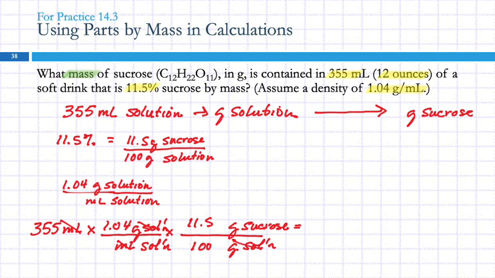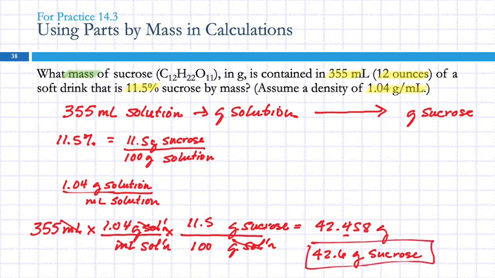And those units cancel out. So 42.6 grams of sugar in a 12-ounce can of soda.